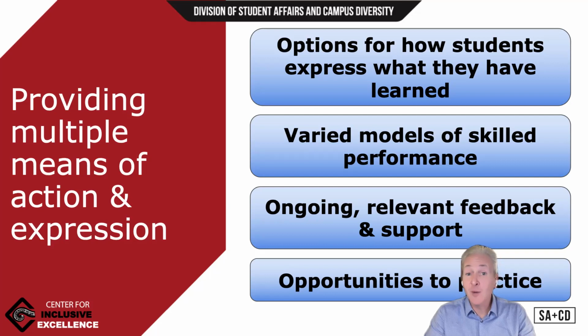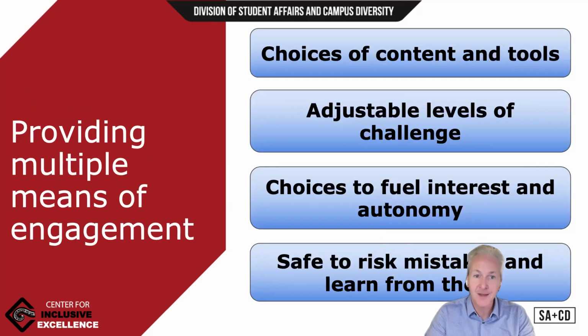We can provide ongoing and relevant feedback and supports for different levels of proficiency, provide opportunities to practice, and again, with the appropriate supports. Consider giving oral exams, individual or group presentations, essays, quizzes, graphics, and other ways to accommodate students with different communication styles and needs.